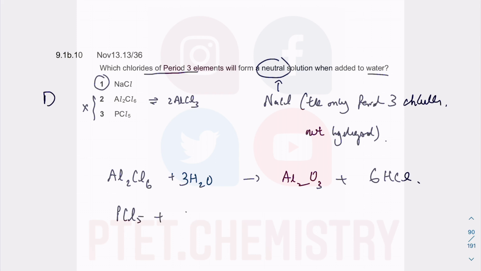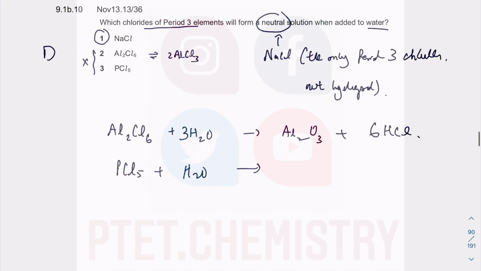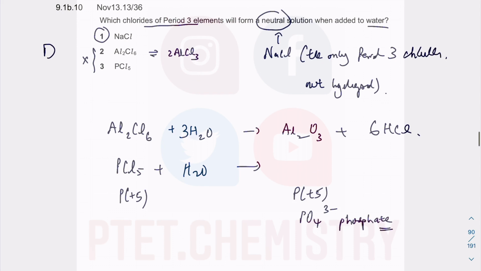And I think earlier I reminded you that PCl3 dissolves in water to give you H3PO3. But this is phosphorus plus 5 because this is PCl5. You will get phosphorus plus 5, which is PO4 3 minus. This is called phosphate. These are your simple polyatomic ions, polyatomic because they contain more than one atom.